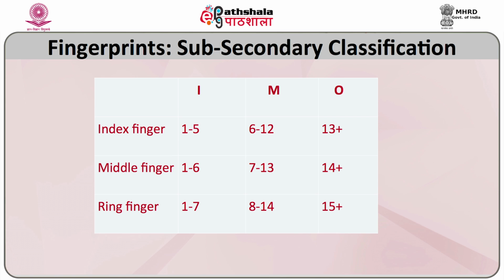For the index finger, if the ridge count is from 1 to 5, it is given the category I. When the ridge count is from 6 to 12, it is given the category M, and when the ridge count is 13 or above, the category is O. Similarly, for the middle finger, 1 to 6 ridge count means I, 7 to 13 means M, and 14 and above means O. For the ring finger, 1 to 7 ridge count means I, 8 to 14 means M, and 15 and above means O.